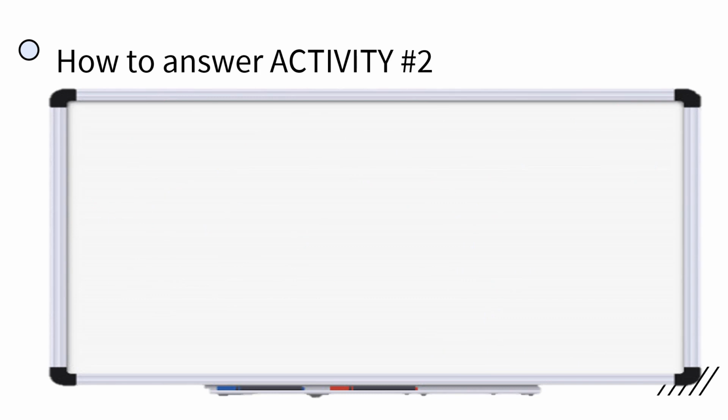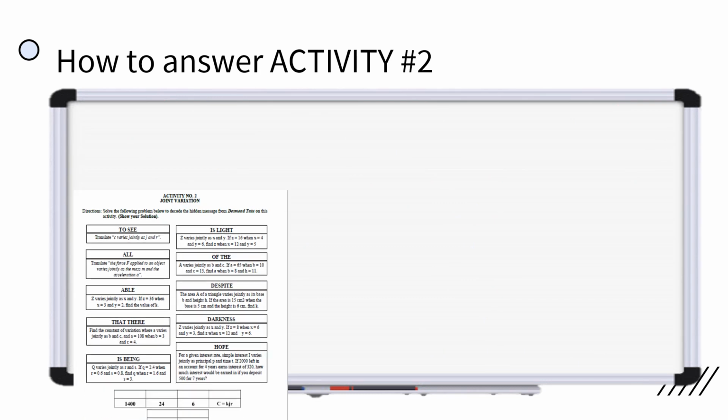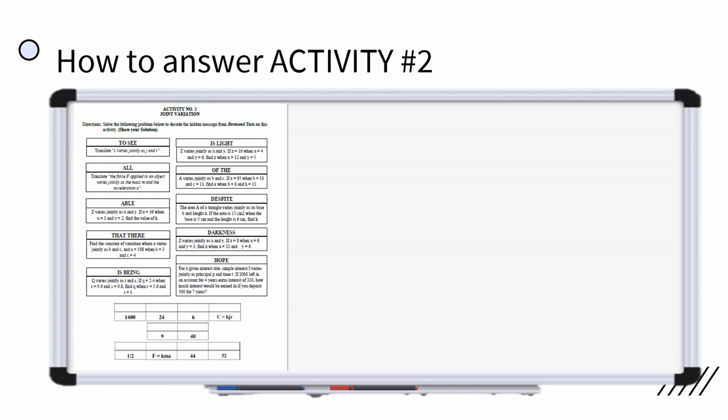Paano naman natin sasagutan yung activity number 2 na binigay sa inyo? So, para masagutan nyo itong activity na to, so, you have here different words or phrases sa bawat isa. Sa bawat phrases na yan, may mga questions. It's either magta-translate kayo, which we had a while ago, or pwedeng magso-solve.